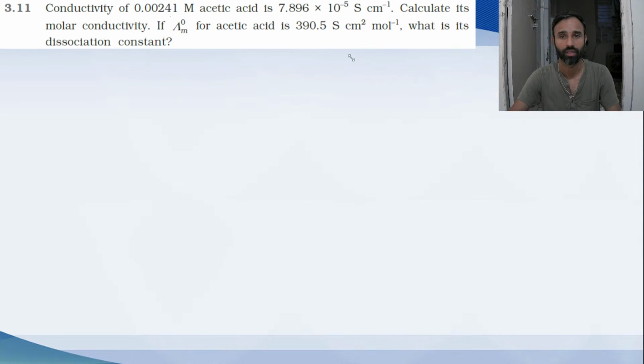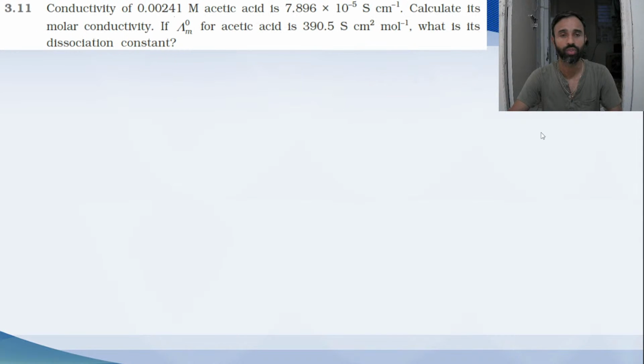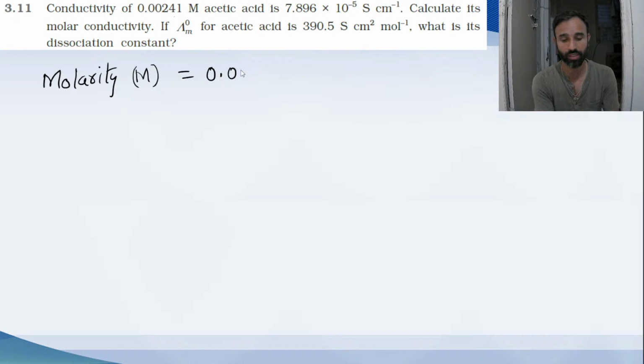Question number 11 is: the conductivity of 0.00241 molar acetic acid is given to you. First of all, concentration is given, that means molarity of the solution is given, and it is 0.00241 molar.